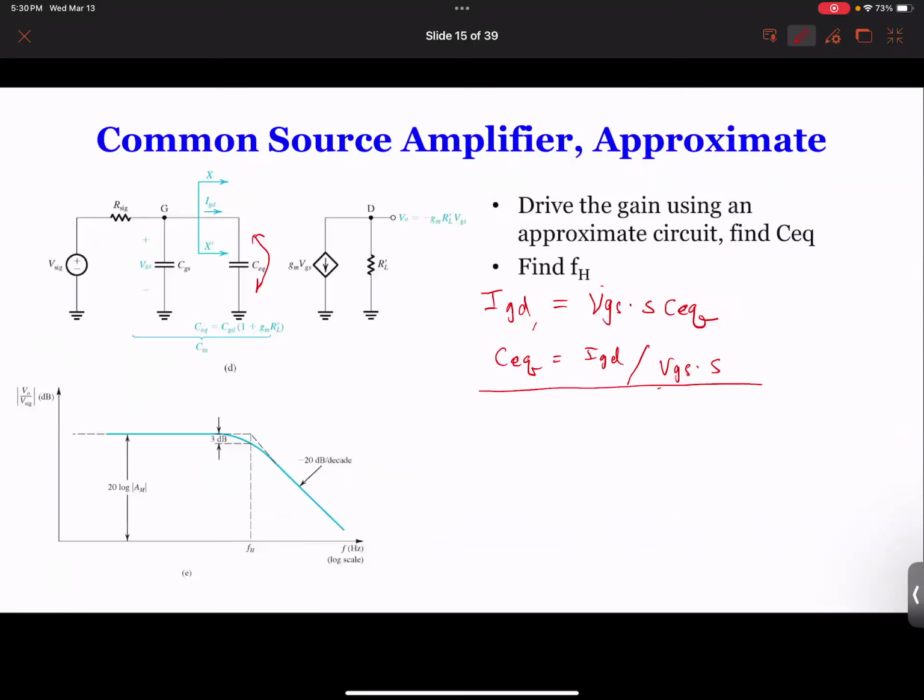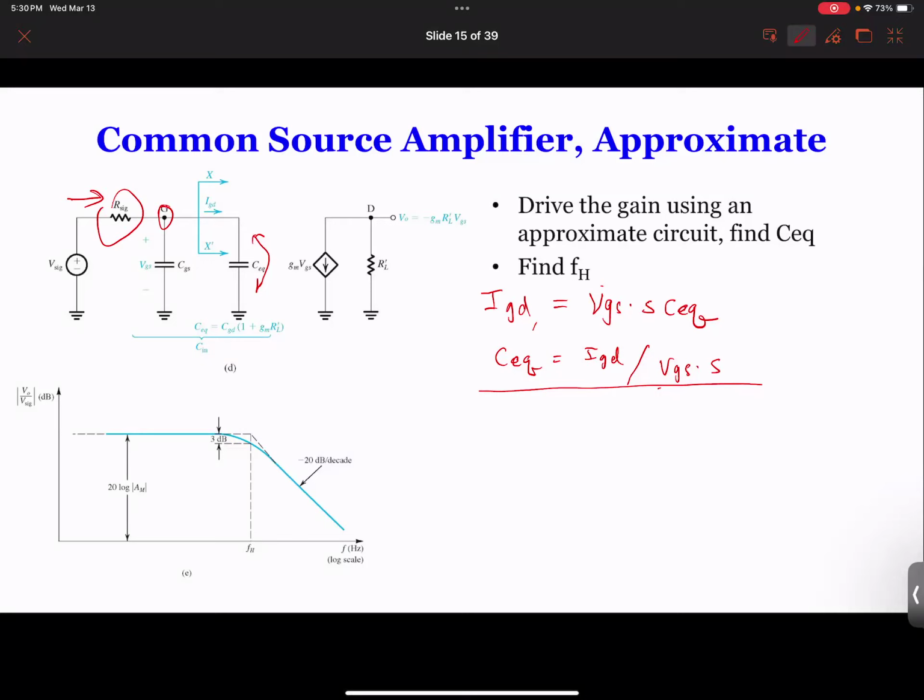So the voltage on CEQ is not the voltage on CGD; that's different. Based on this, what we're doing is we simply calculate IGD and maintain IGD the same. If we maintain IGD the same, the current over here is going to be the same, the voltage drop here is going to be the same, and the voltage here is going to be the same.